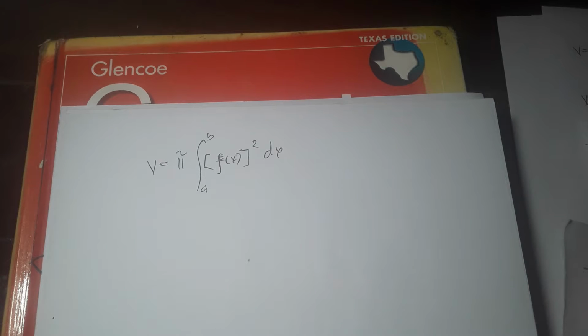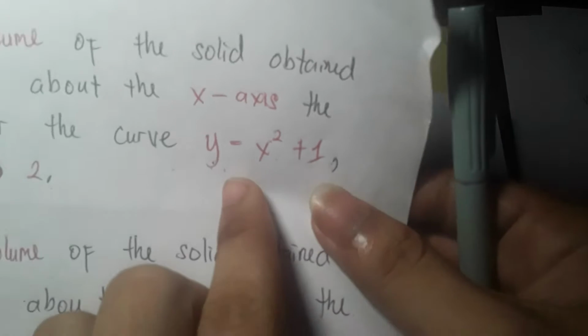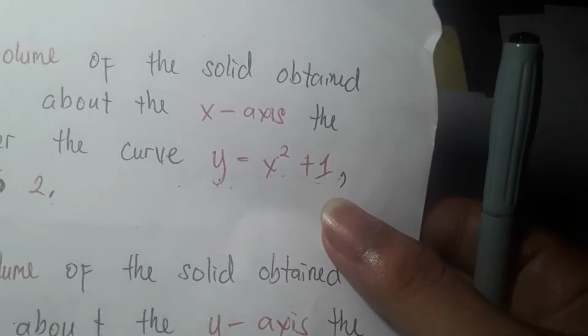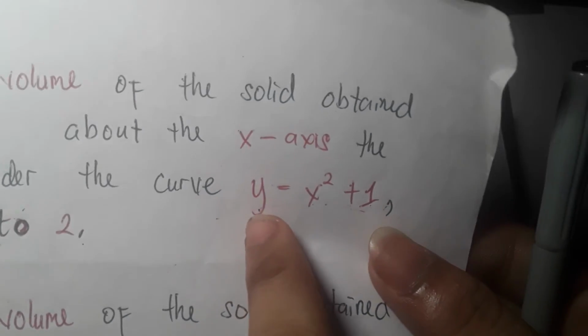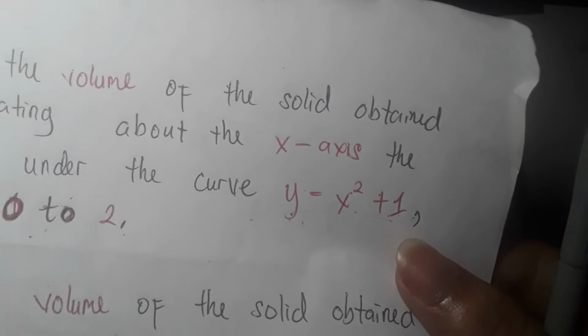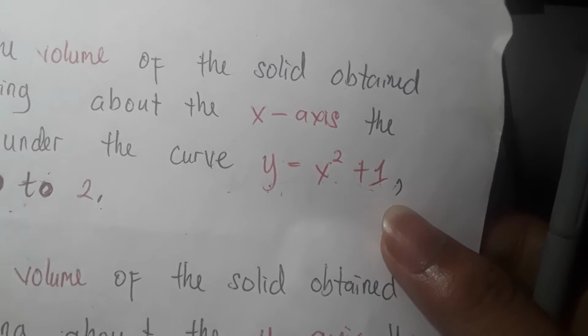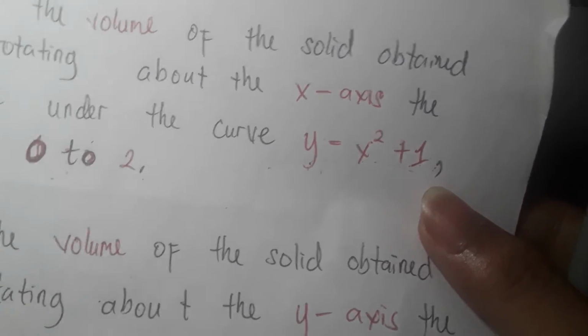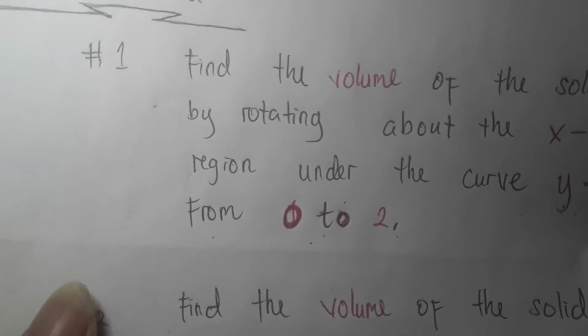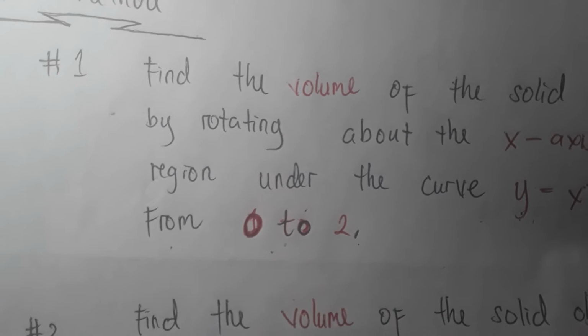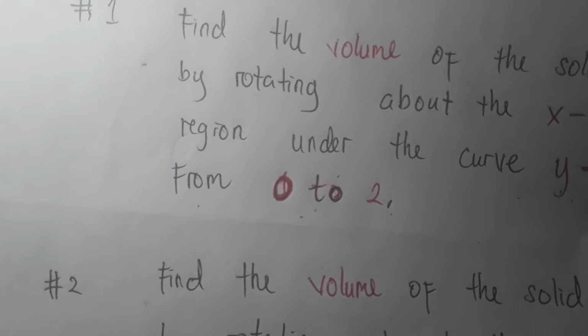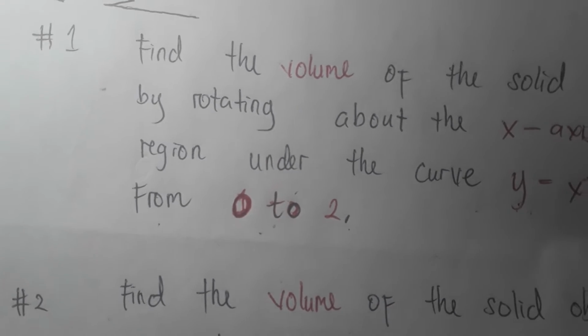So we have the value of our f of x, which is x squared plus 1. Always remember that y here is equivalent to f of x. So the value of our y is x squared plus 1, and that would be our f of x. And the interval is 0 to 2. 0 here is the value of our a, and 2 is the value of our b.